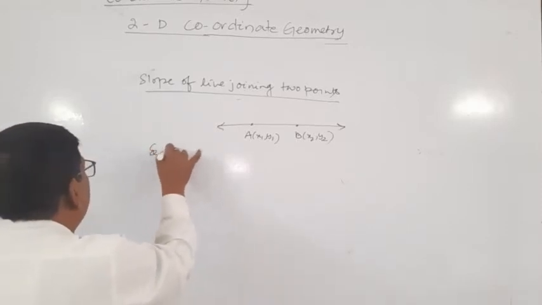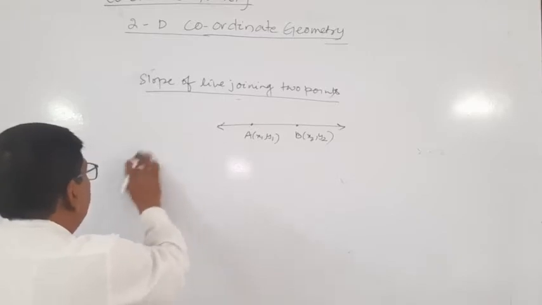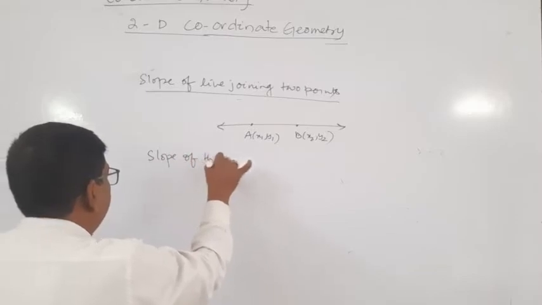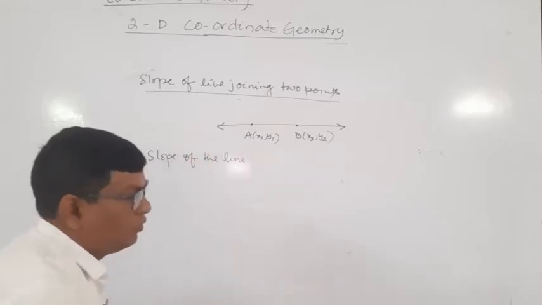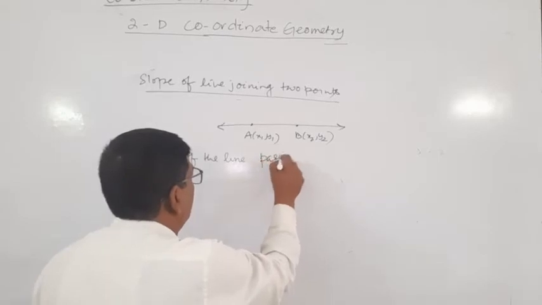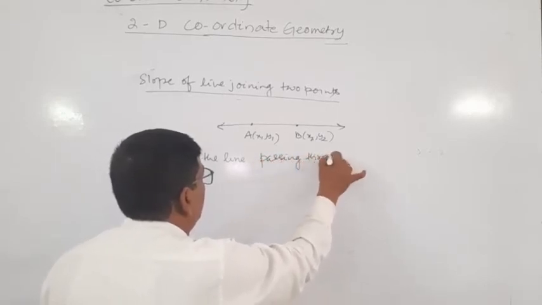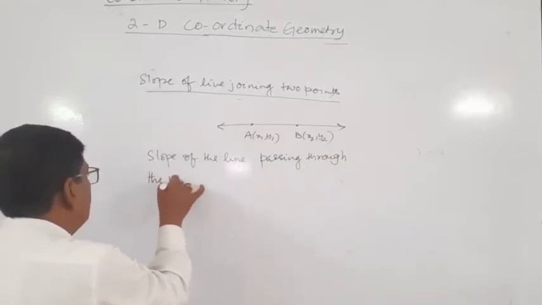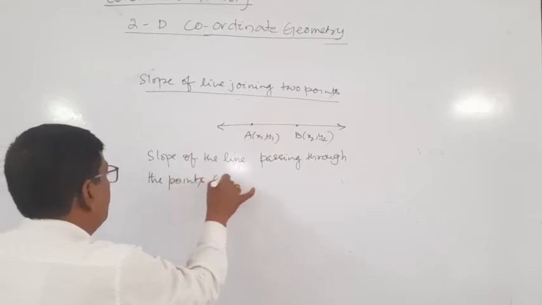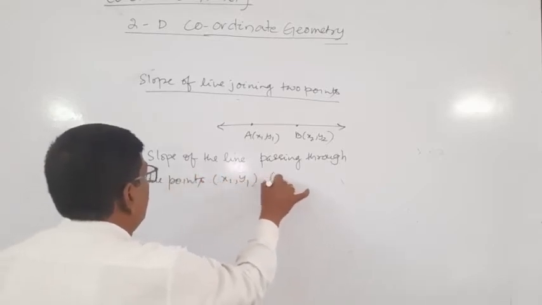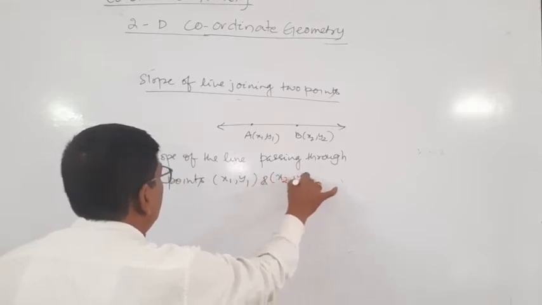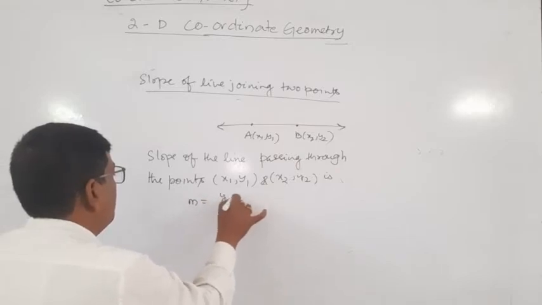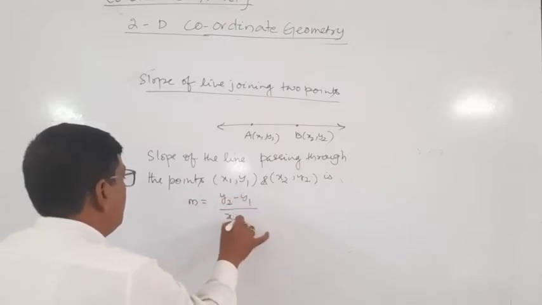The slope of the line passing through the points x1 y1 and x2 y2 is m equal to y2 minus y1 divided by x2 minus x1.